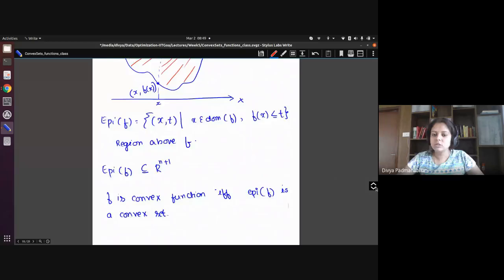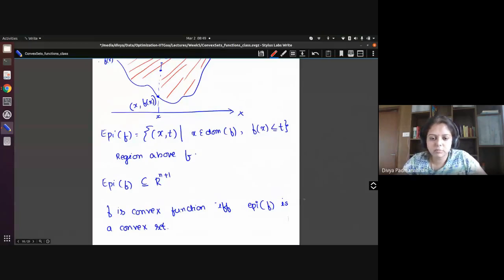So this is another way you could check if a function is convex: you just check if the epigraph is a convex set. You don't know which of these operations will help more, because even checking if a set is convex may not always be easy. So the way to do it is to try these different techniques.